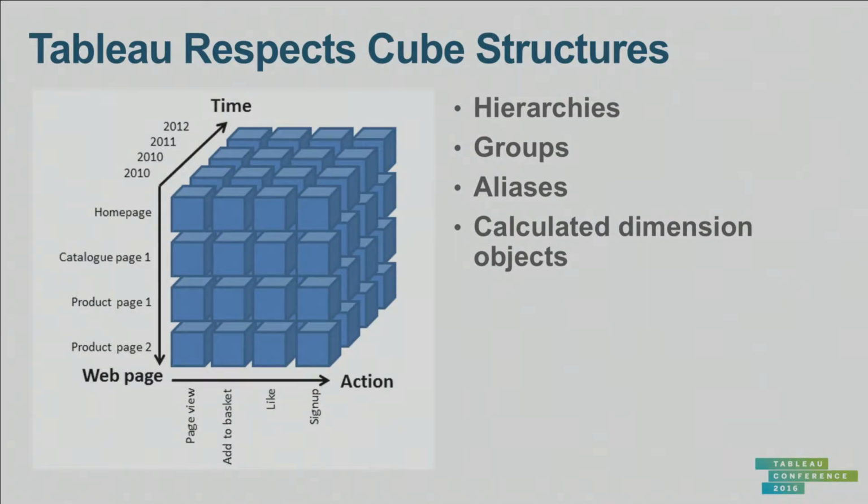So we can't create new hierarchies in a cube, we can't group fields together, and we can't really re-alias or use aggregate calculations for that reason, because that would run against the structure of the cube, and the data values that we might try and glean from that would start to lose their meaning. They wouldn't really make any sense at that point.